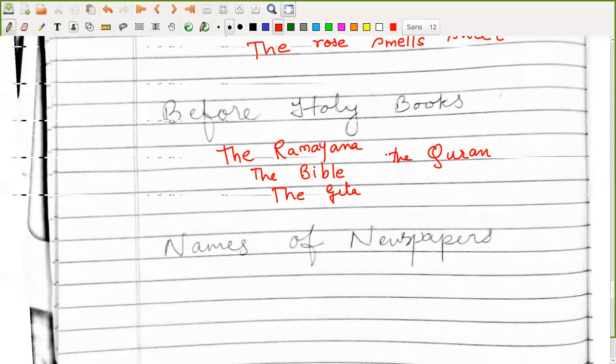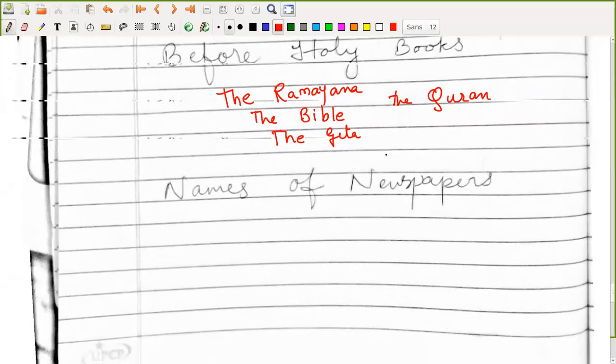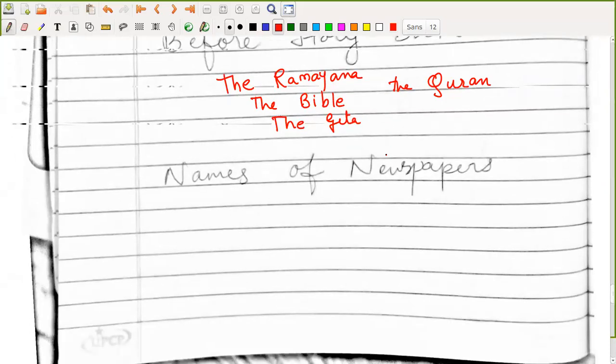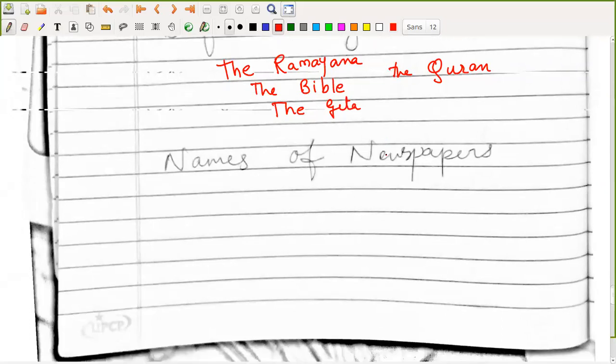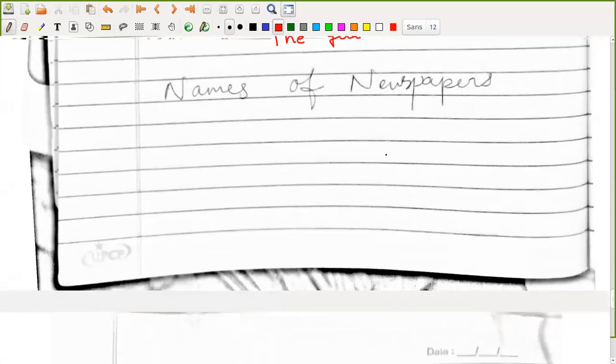So here you are using the before all the holy books. The Ramayana, the Bible, the Bhagavad Gita, the Quran. Then before the names of newspapers.